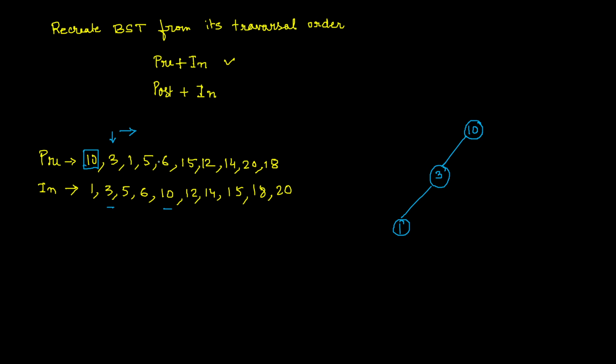And then 5. Similar way, 5 is left of 10. Left of 10 is already filled up. Let's come to 3. So with respect to 3, 5 is in the right hand side of 3. So that means I can connect 5 over here.